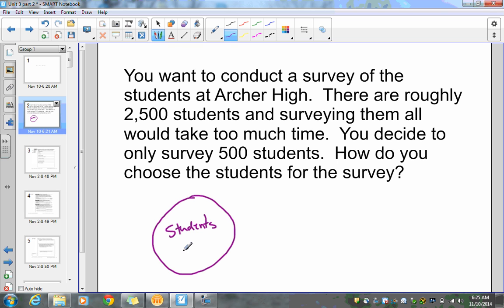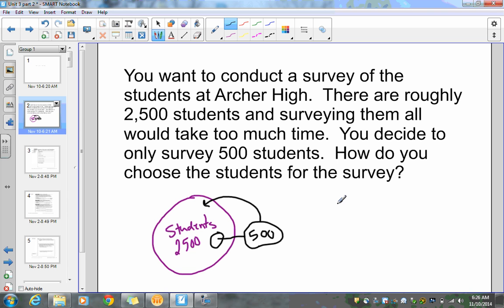So this circle here represents 2,500 students. That's just too many people. You don't have enough time to survey everybody. So what you're going to do is get a small sample. Let's just say this circle here represents 500 students. And whatever these 500 students say, we will relate their answers to everybody else.